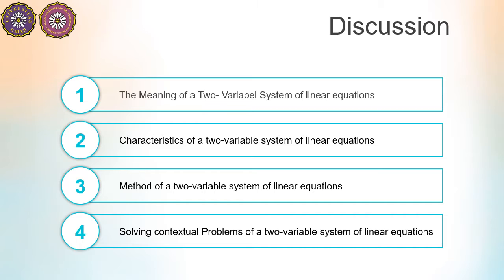The meaning of a two-variable system of linear equation. 2. Characteristic of a two-variable system of linear equation. 3. Method of a two-variable system of linear equation. And 4. Solving contextual problem of a two-variable system of linear equation.